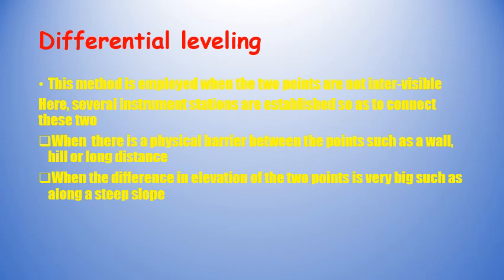Also, if the difference in elevation between these two points is very big, then you will have to opt for differential leveling. To explain this, take a scenario where you have a steep hill, with point X at the bottom and point Y up here.